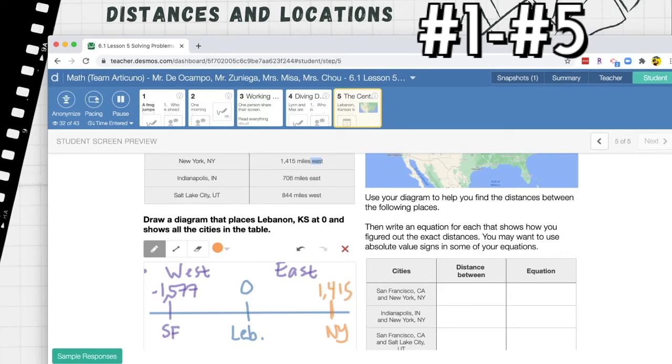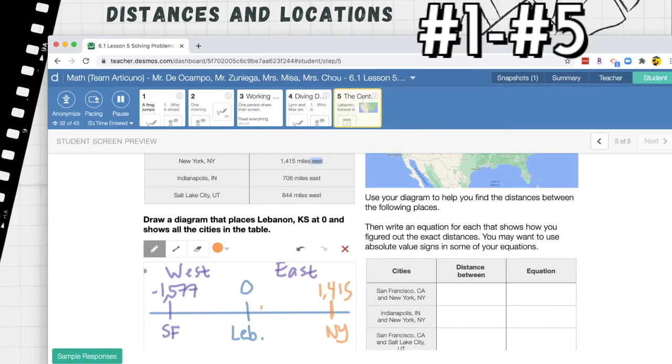Okay. Indianapolis, Indiana, 706 miles east. So 0, 1,415. Where would 706 go? Would it go here? Would it go here? Okay, so make your best estimate. I think 700 is around halfway in between 0 and 1,400.